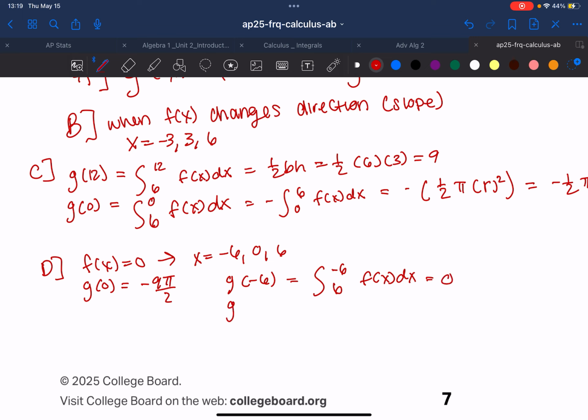And then the value of g of 6, equal to the integral from 6 to 6 of f of x dx, is also just going to be 0, which means that negative 9 pi halves is our smaller value. So negative 9 pi halves is the minimum at x equals 0.